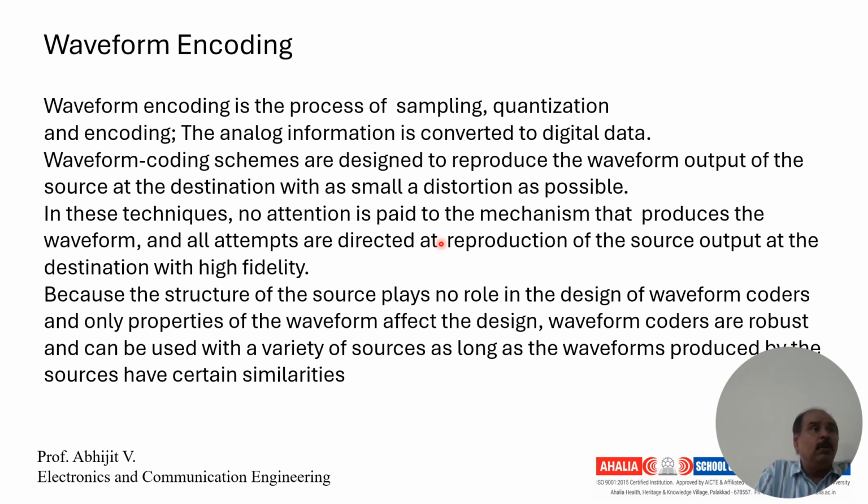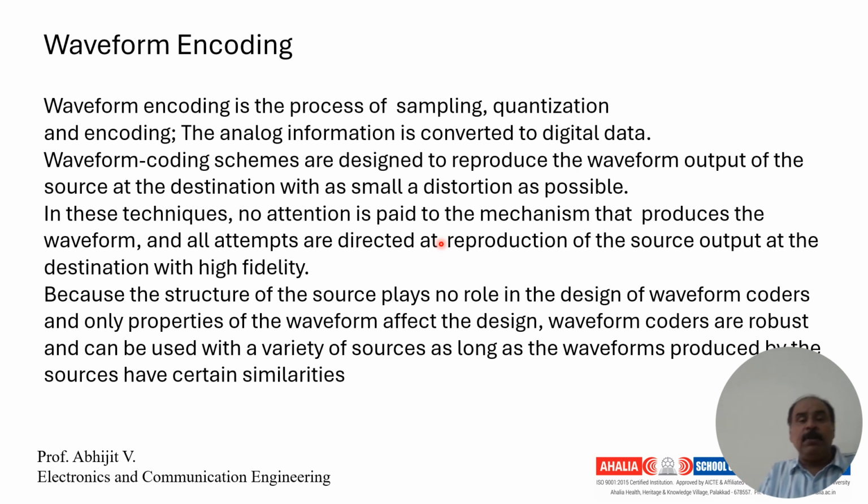A symbol is a collection of bits, which can be zeros, ones, and so on. The process of sampling, quantization, and encoding altogether will convert your analog signal into a digital signal. Waveform encoding is a process of sampling, quantization, and encoding.